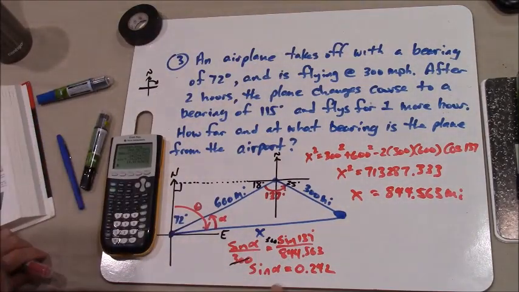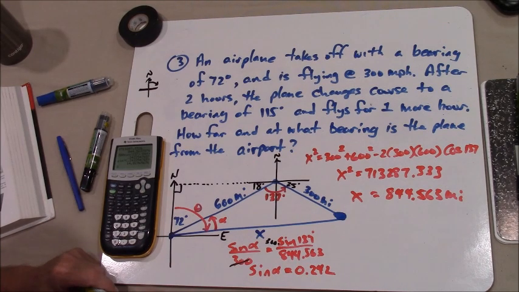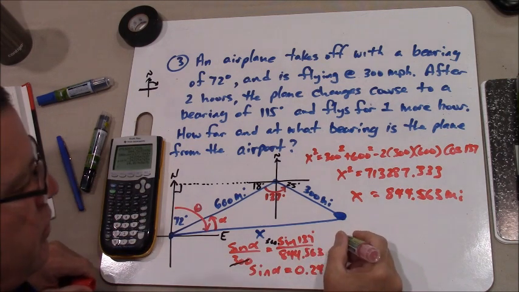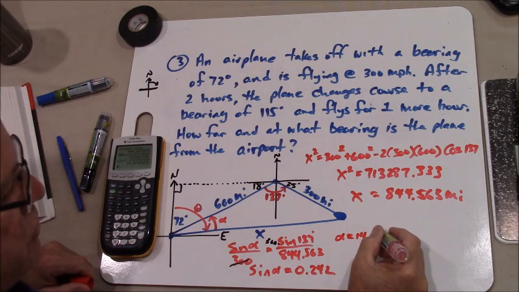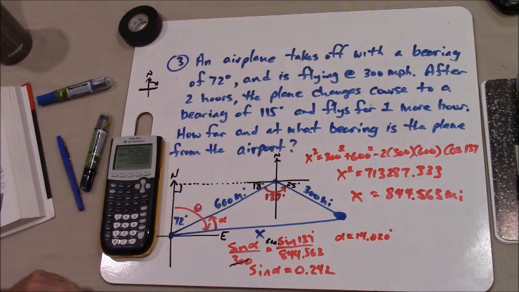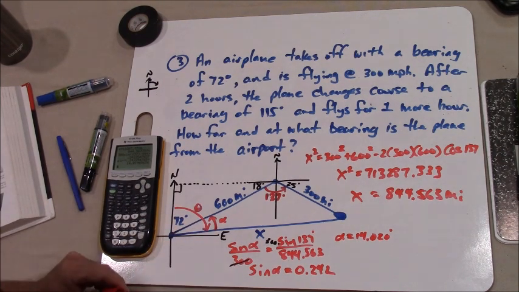All right, I just saw that this was a little bit off the screen. So second sine of this number, and what I get is 14.020 degrees. So alpha equals 14.020 degrees. And so now what I want to do is take that angle and just add it to the 72.